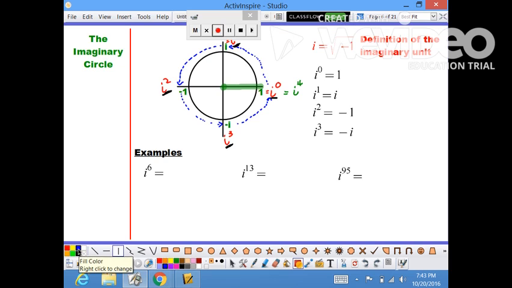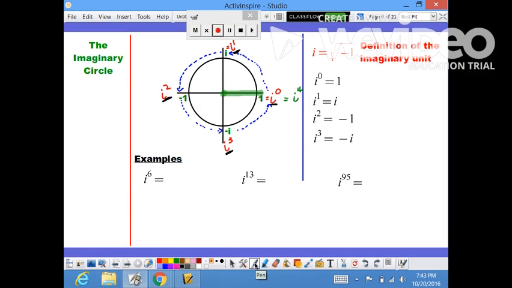All right. I also created this table, or this chart, here for you. That way, if the circle is confusing, if you remember this pattern, this works out as well. The key thing to remember in red is that the definition of the imaginary unit is when I equals the square root of -1. This is the second time that you're seeing this, so it's very important that it stands out to you. Okay? So again, I to the power of 0 is 1.